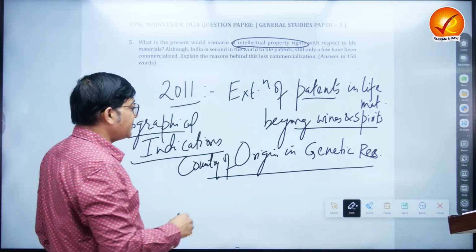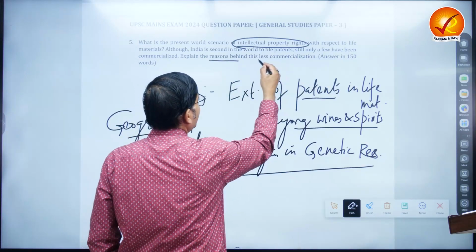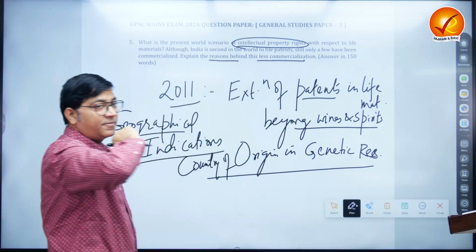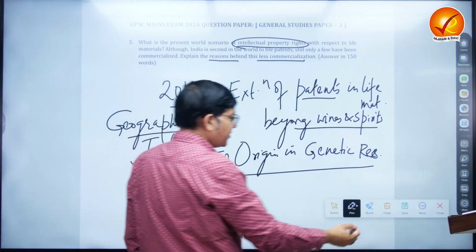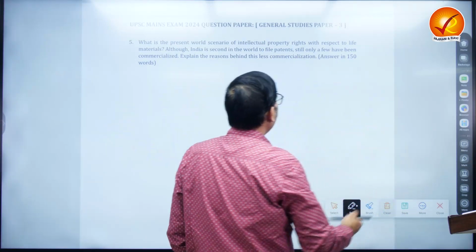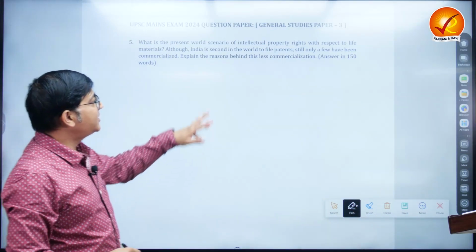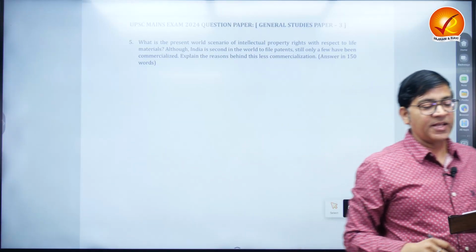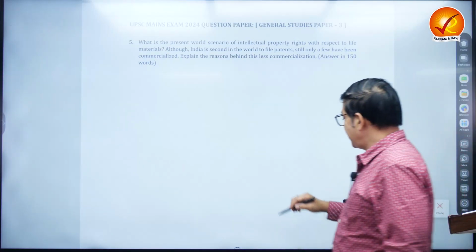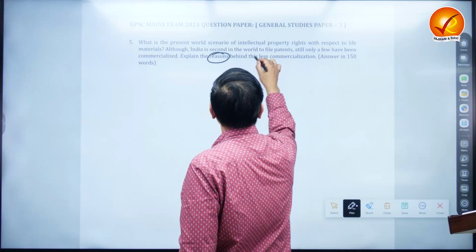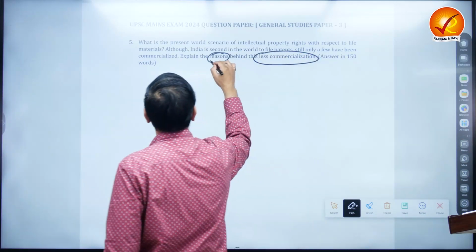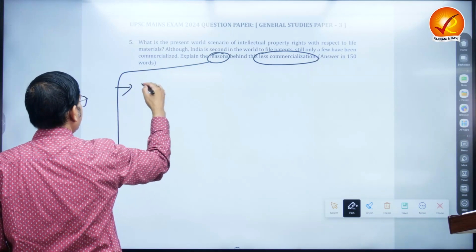The second part is talking about reasons behind the less commercialization of the patents in case of the Indian economy. First of all, the second part is not just talking about IPR in life materials. It's a general question which is asking what are the reasons behind less commercialization. So you can give a number of reasons related to that.